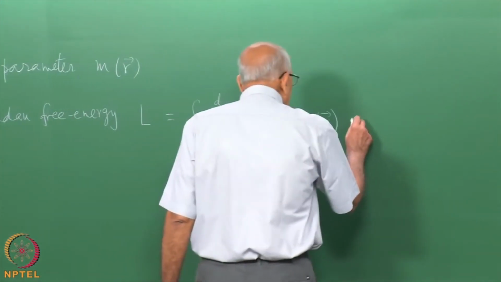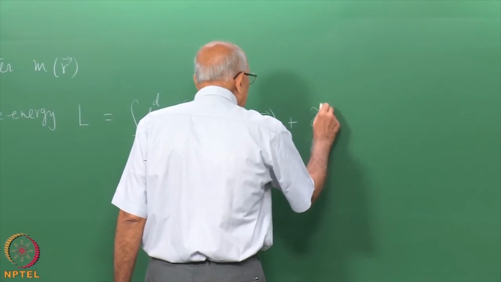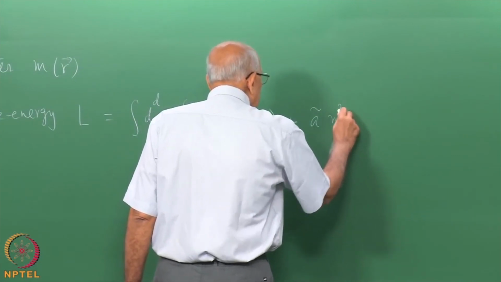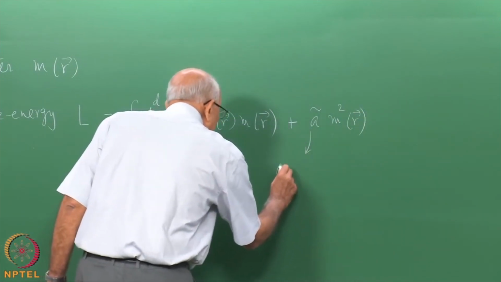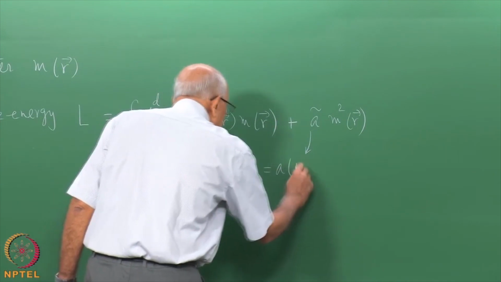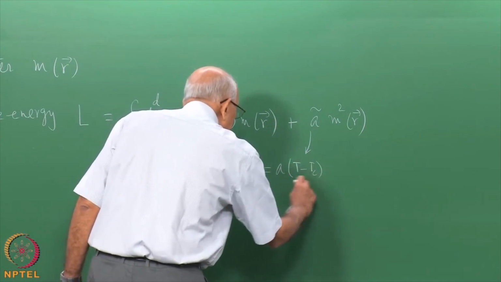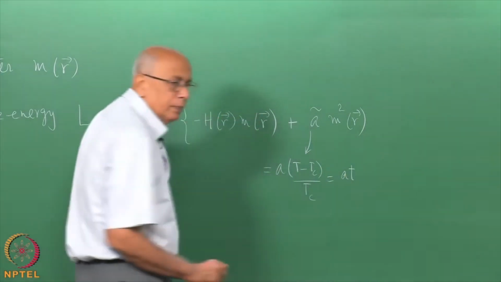So, that term, let me call it A tilde m squared of R, and this A tilde is a positive coefficient A times T minus Tc over Tc, which is A times little t.